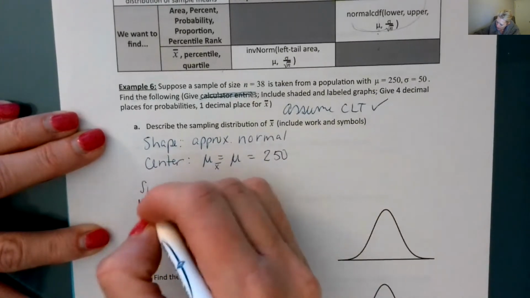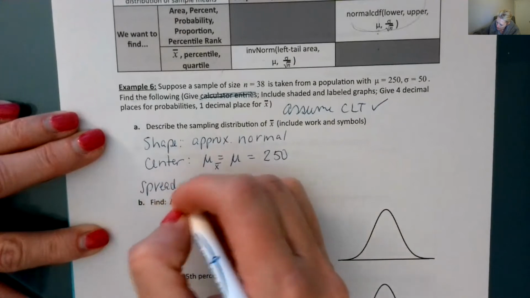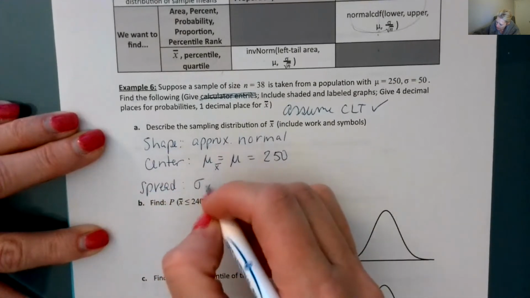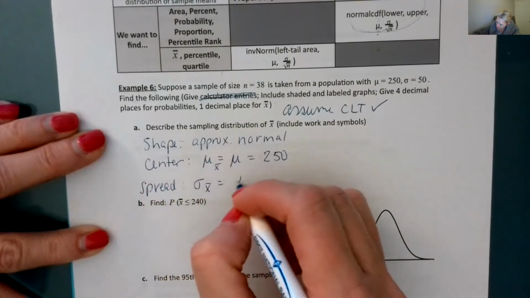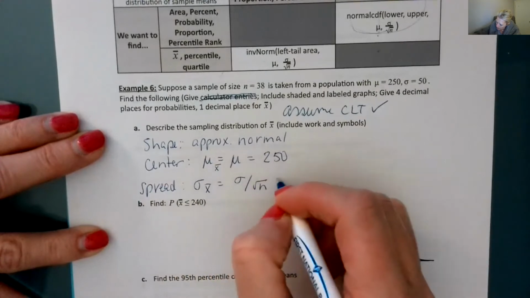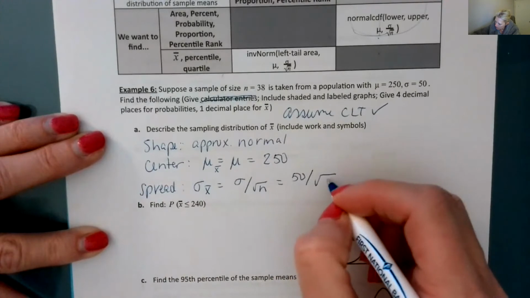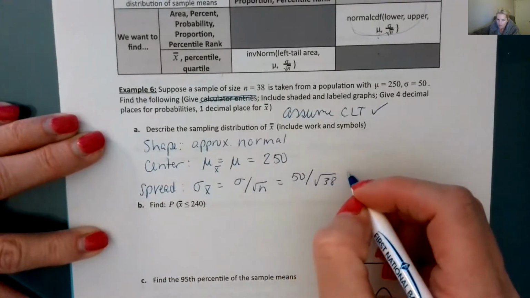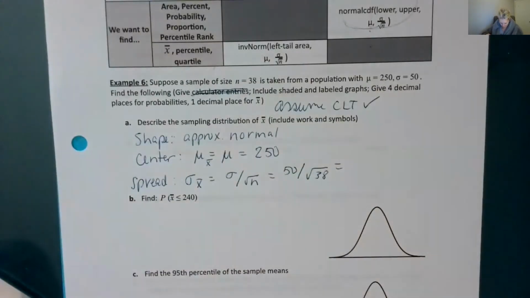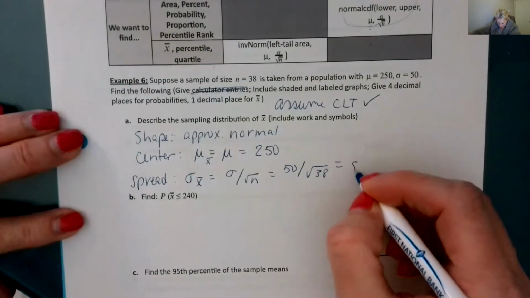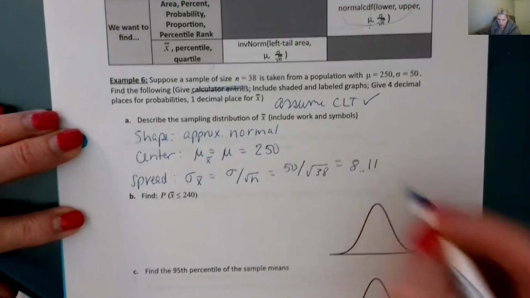And then the spread is going to be the sigma of the X bars, which is going to be sigma divided by the square root of n, which is 50 divided by the square root of 38. And if you put that into your calculator, that comes out to be 8.11.